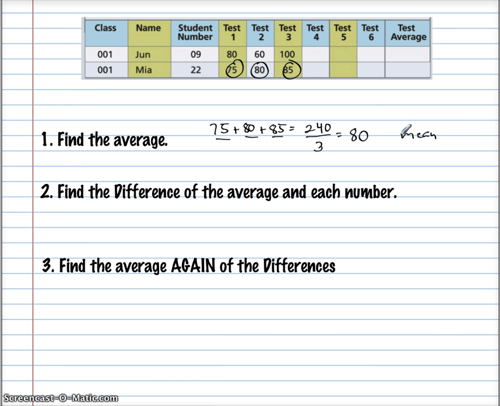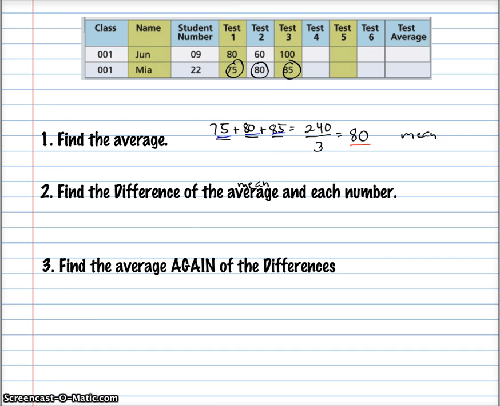Now it says find the difference of the average, or you can say the mean, and each number. The mean is this part in red, and each number is each test score.